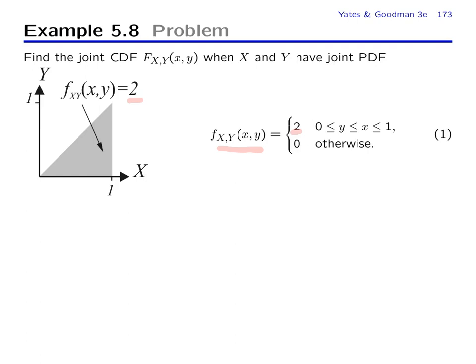So the problem asks you to go and from the PDF recover the joint CDF of x and y. Conceptually, this is a simple problem because we have a definition for the joint CDF of x and y. And you just simply integrate over all possible x and y.